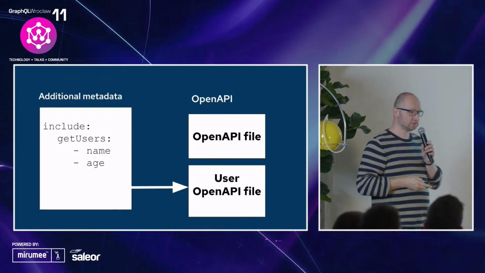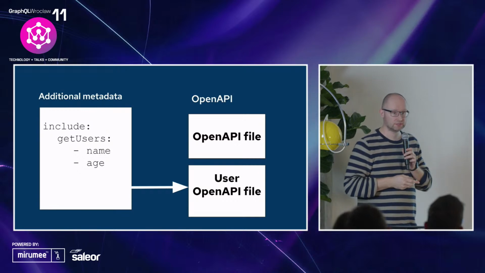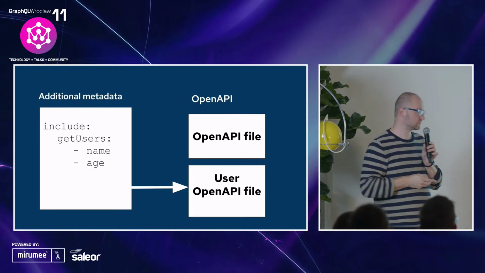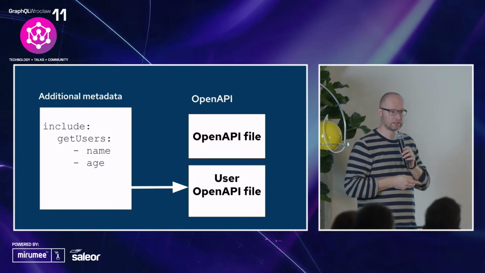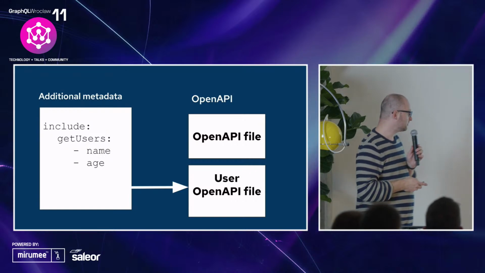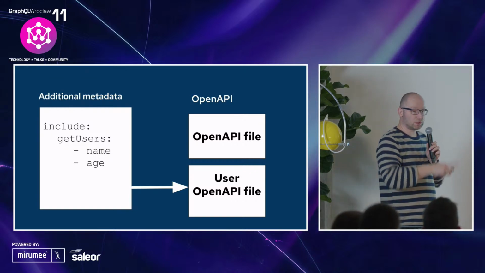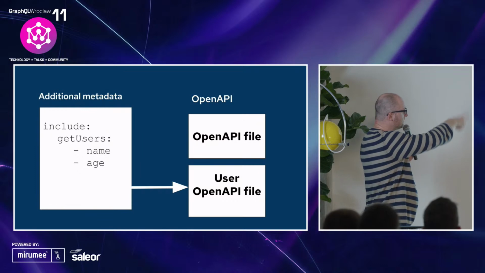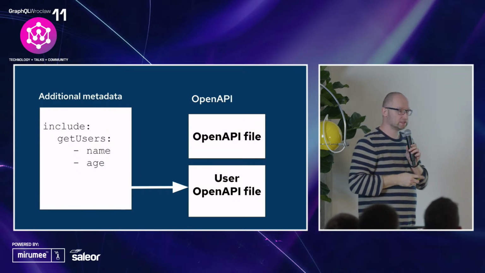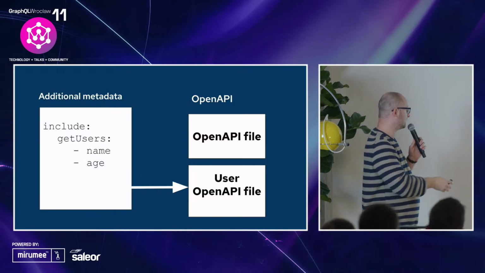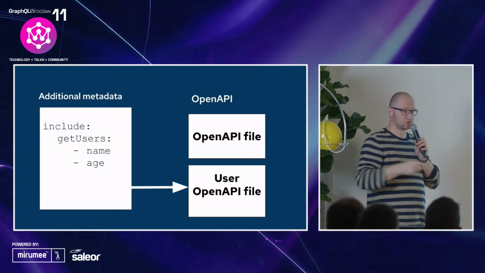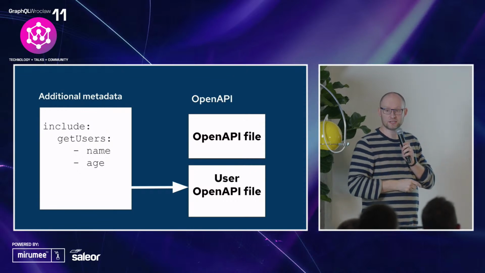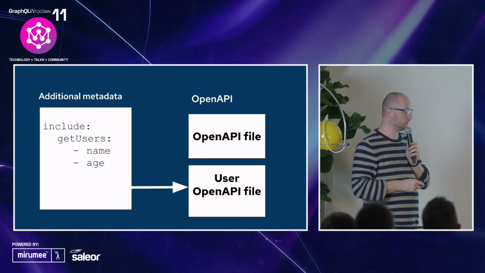And there are many different toolings out there. I don't want to do self-promotion, but if you like OpenAPI filter, OpenAPI transform, I just want to show you the concept, right? The concept is that you need to build an additional metadata file that contains, like this get users, it's just an operation that is being represented in your OpenAPI file.